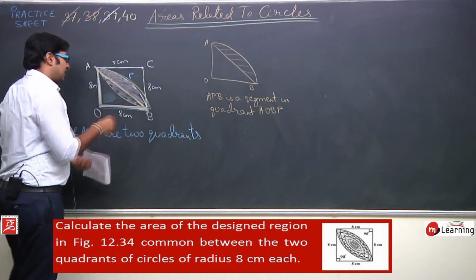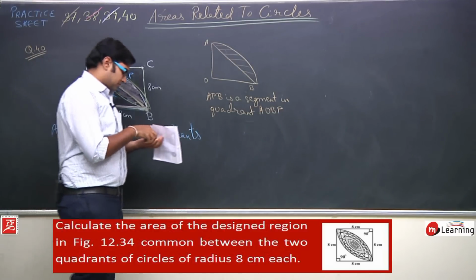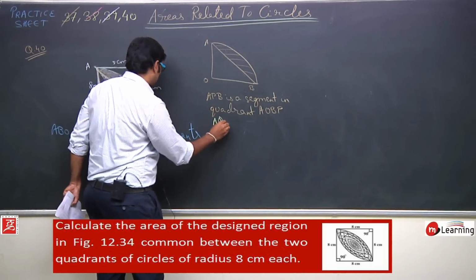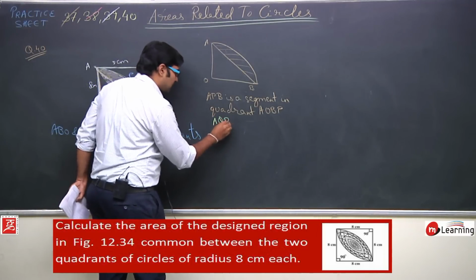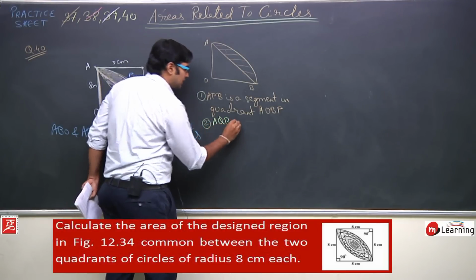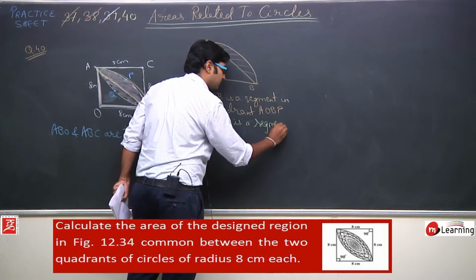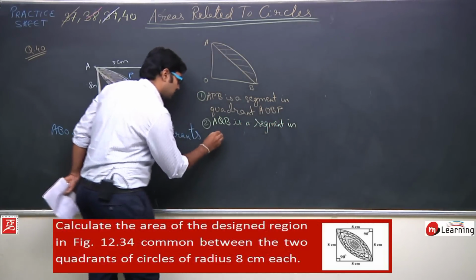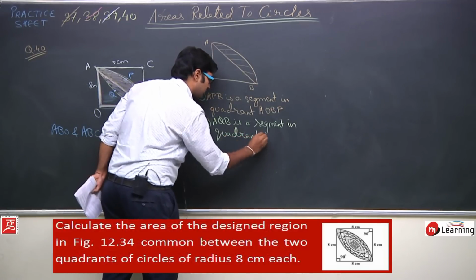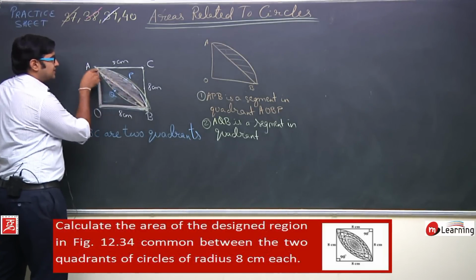Similarly, if I name this point Q, I will say AQB. The second point is AQB is a segment in the quadrant. Now AQB is this segment.